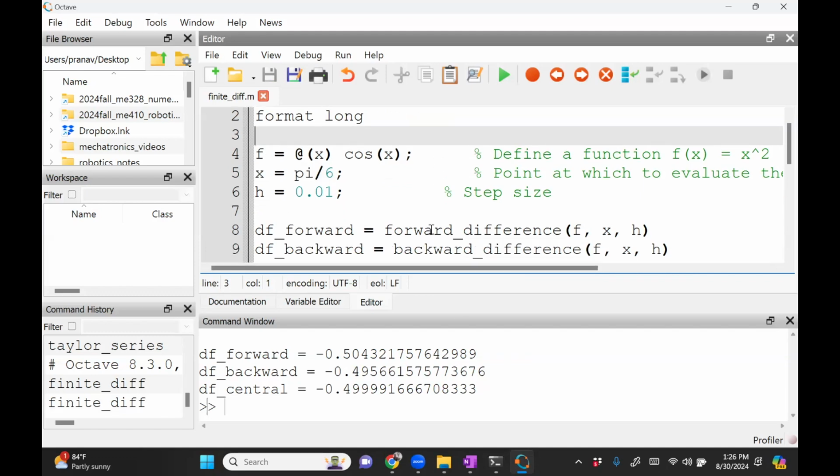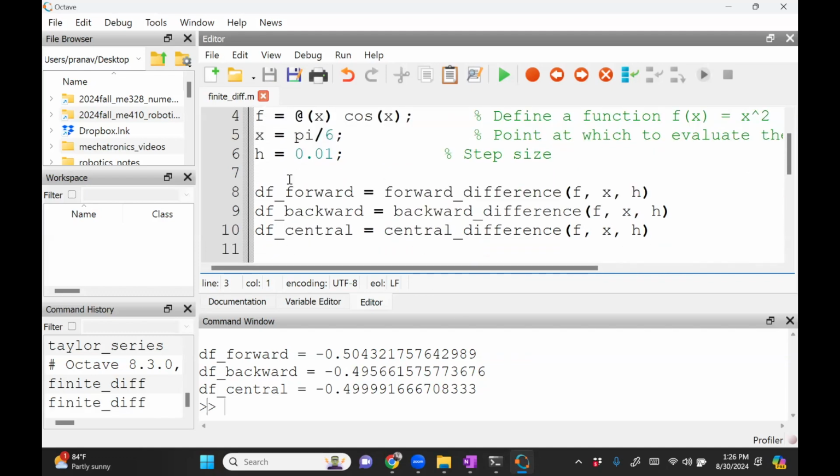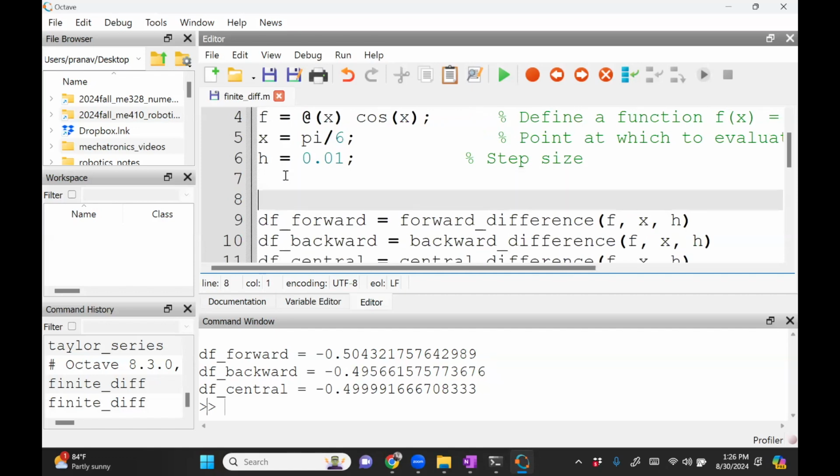The good thing about writing it this way is we can now use a step size of 0.01. So it'll print that comment and then show all these answers.